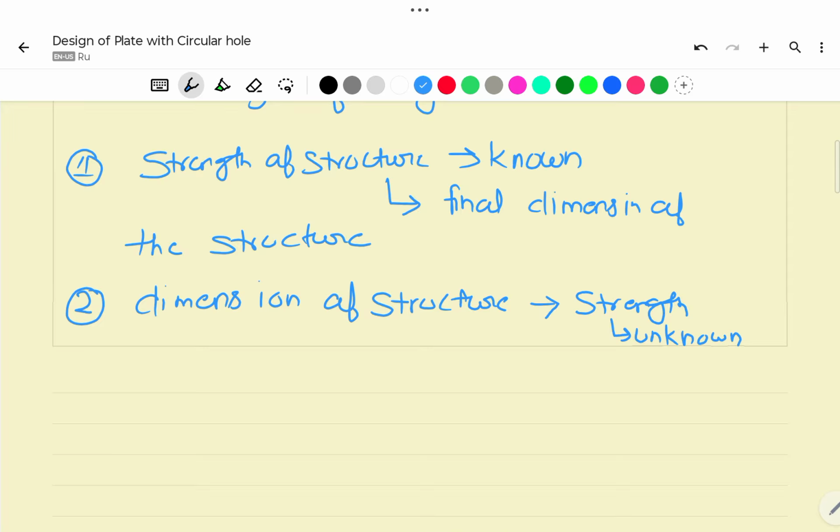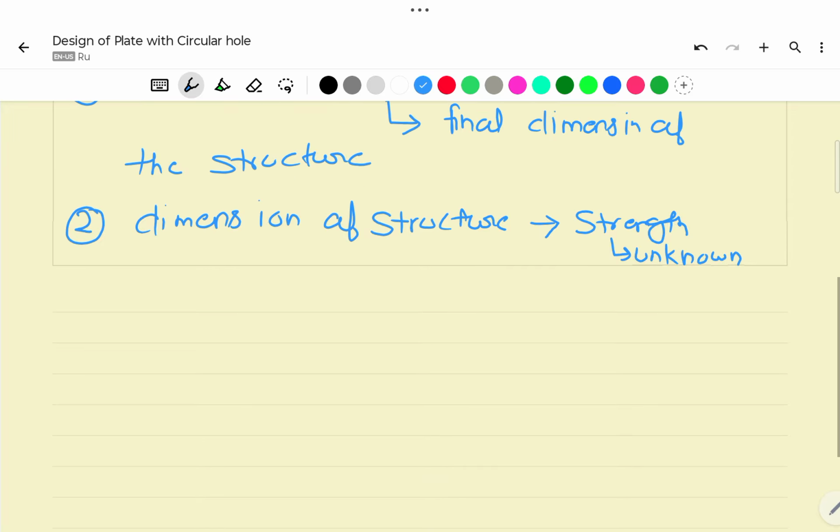So in our case, what is known? Whether we know the strength or the final dimension of the structure.